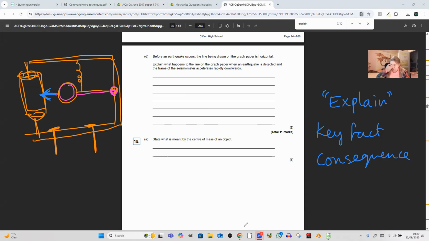Okay, so what is our key fact? In other words, why does the line go up? Because the drum moves down. Because of force. Yeah, okay, the drum moves down, not just the drum, but the whole frame and everything moves down.